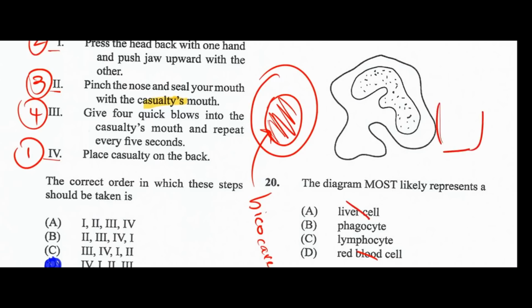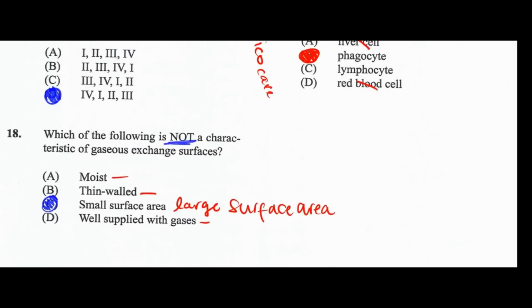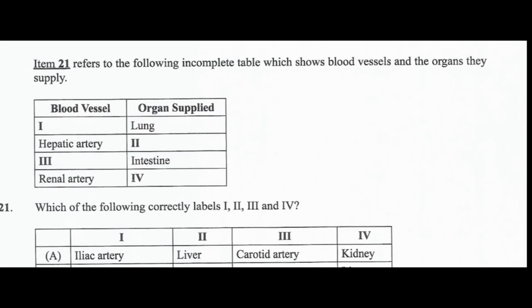Liver cells are more cuboidal. It's a phagocyte, because it has the little depression here. Lymphocytes are more regular shaped, I guess. They don't look like they have an arm ready to capture you. So yeah, I guess you'd have to look at the different types of cells to know this.